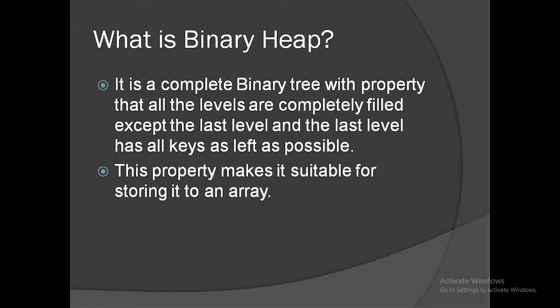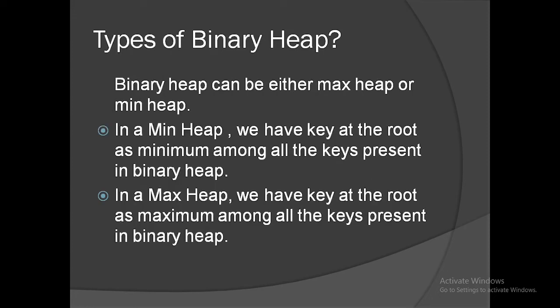Now we will see the next slide: what are the binary heap types? There are two types of binary heap, max heap and min heap. Only these two are possible in a binary heap. So what is a min heap?